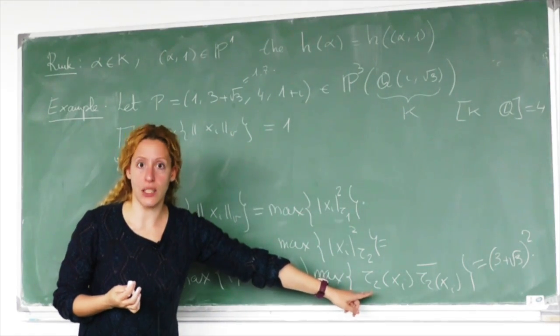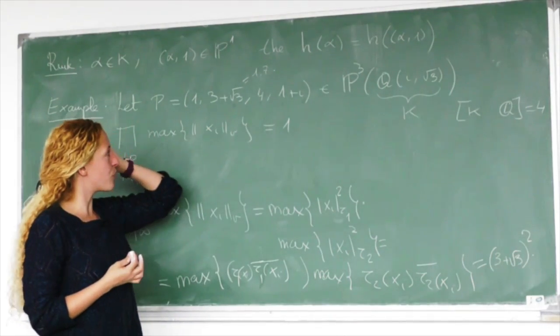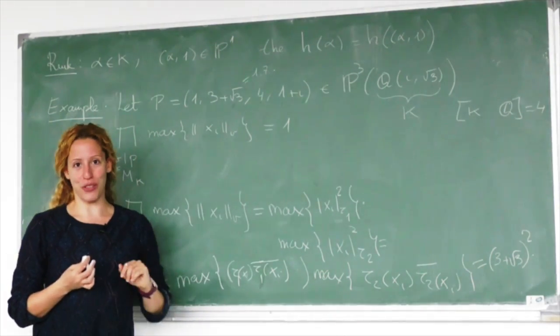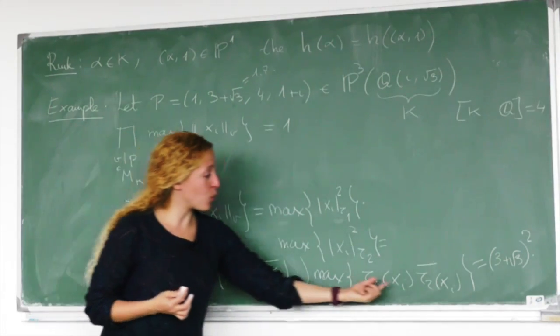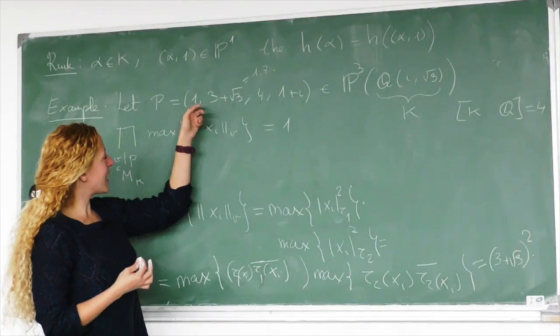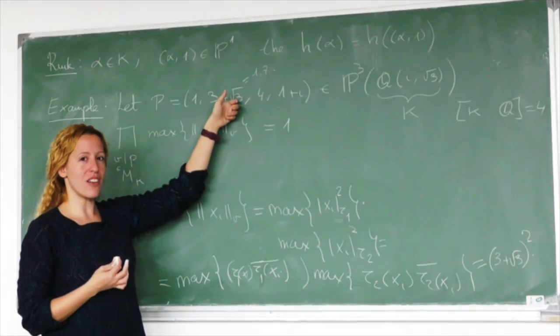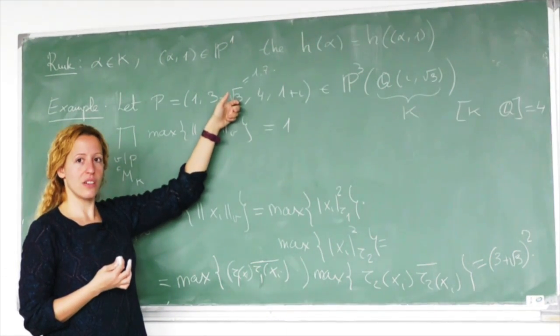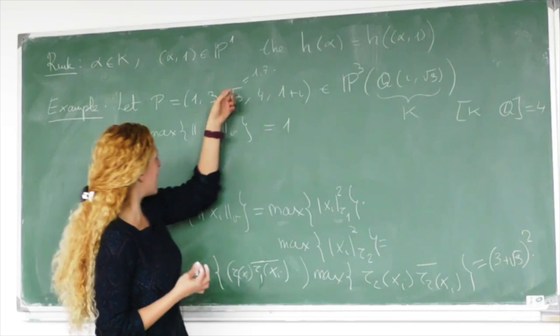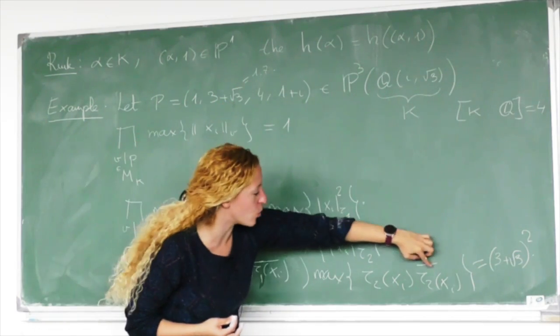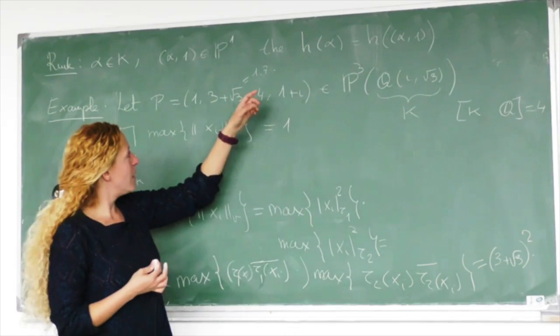Recall that the second embedding sent the square root of 3 to minus the square root of 3. So now when we look at those products, here I get again a 1, but here I'm going to get 3 minus the square root of 3 squared. The square is because, again, this is a real number, so the conjugate is the same number.